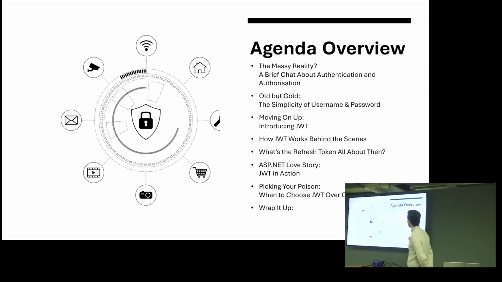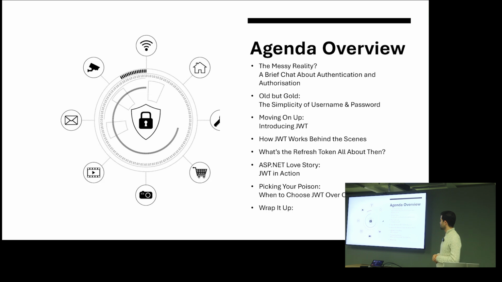Today, first, we are going to talk about the history of security. It's always messy, to be honest. We are going to take a look at that bit, and then we are going to talk about the authentication and authorization process. Then we are going to talk about the simplicity of the username and password form and how it evolved into the modern approach, which is using JWT in the authentication and authorization process. And then we take a deeper look into the JWT, how it works.